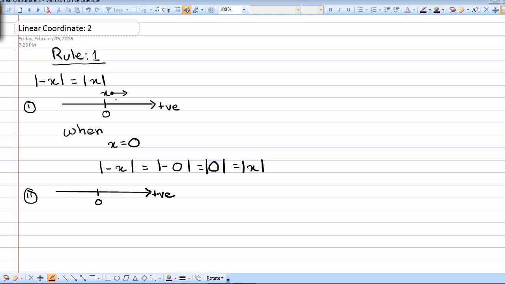Okay, I made a small mistake, sorry for that, I shouldn't have included this. I should have written that x is currently stationed at 0 right now, or at this moment x is stationed at 0 for the first step.